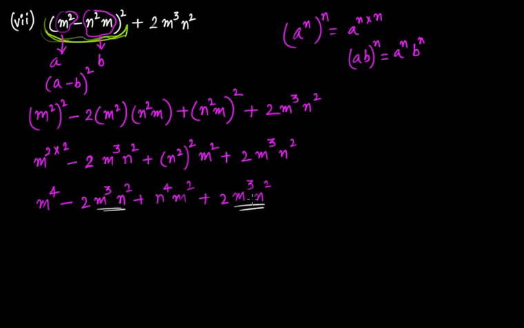It means that these two are like terms. This is minus 2m cubed n squared, this is plus 2m cubed n squared. This gets cancelled and you'll get 0. The final result is m raised to power 4 plus n raised to power 4 and m squared. So this is your answer.